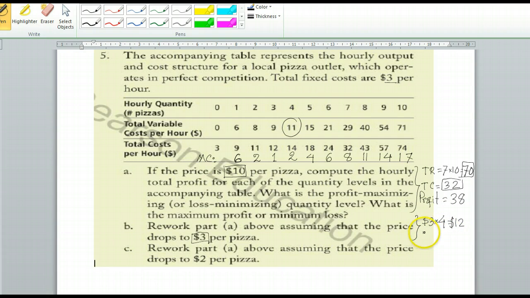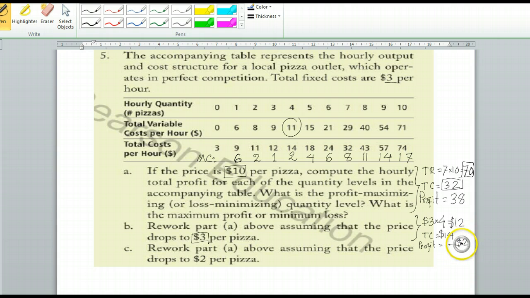whereas the total cost for producing the 4 units is $14. So this firm is making a profit of 12 minus 14, negative $2, so a loss of $2.